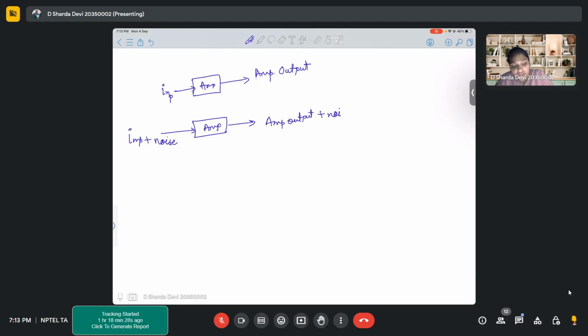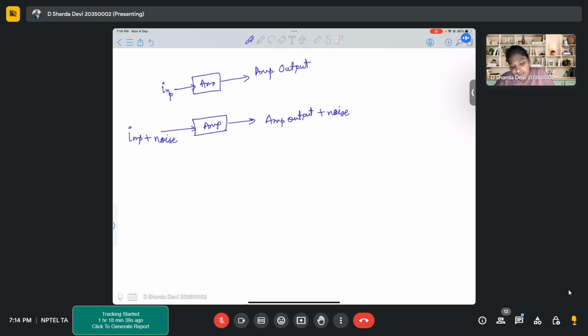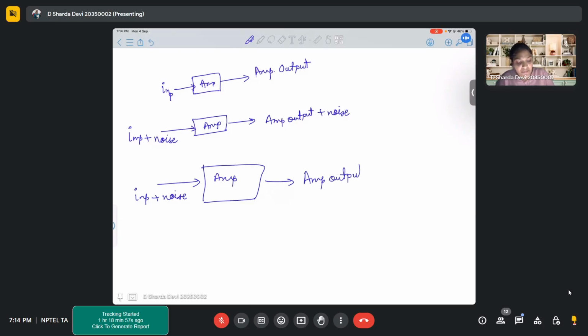So, is this noise desirable? No, never. We never want noise in our systems. So, is there a case where your input has noise, but there is a system, which is definitely an amplifier, because we are talking about amplifiers, from which we can only get an amplified output without any noise?